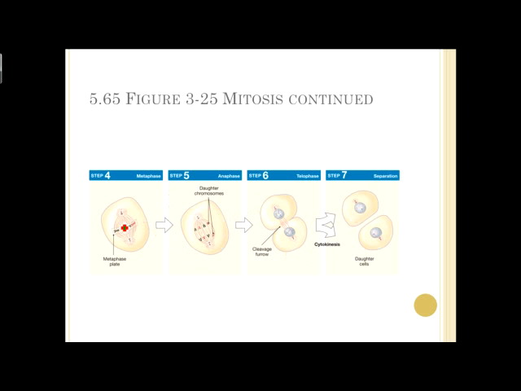In metaphase, how we identify it is the chromosomes have a metaphase plate, which they line up right in the middle. In anaphase, we see separation of the chromosomes. Anaphase and telophase is where we get cytokinesis occurring.